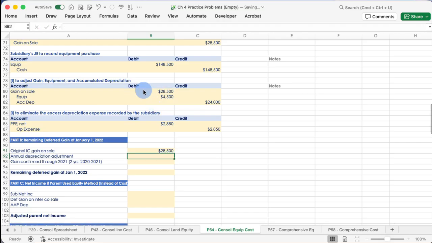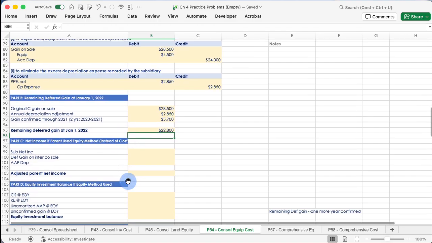Then our annual depreciation adjustment is this $2,850. How much gain has been confirmed? And so that's 2 years. So we'll take the $2,850 and times it by 2. And so then the amount that is still deferred would be the $28,500 minus what we have confirmed. That's the confirmed gain. And so that leaves $22,800 left unconfirmed.